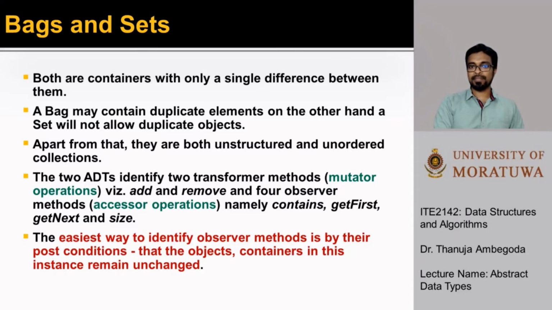These are transformer methods or mutator methods. Then you have observer methods. These are accessor operations. They don't modify the contents. They are there to observe what's in there. These are contains, get first, get next, and size.